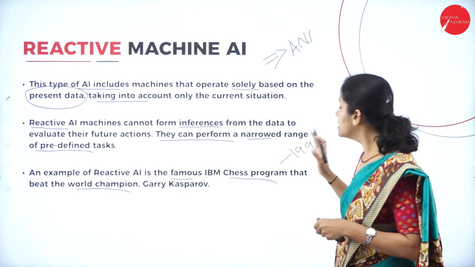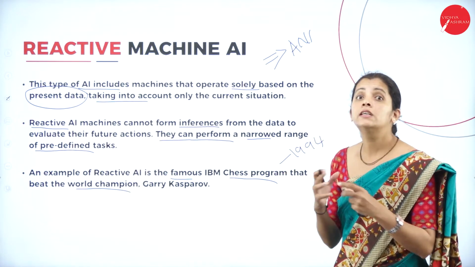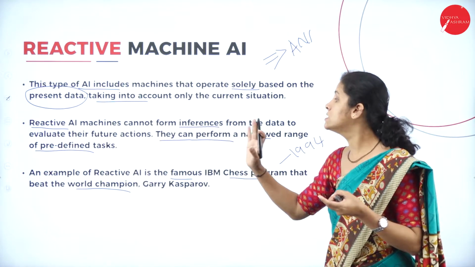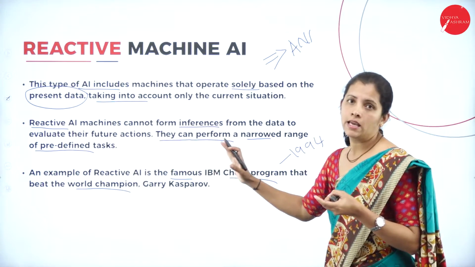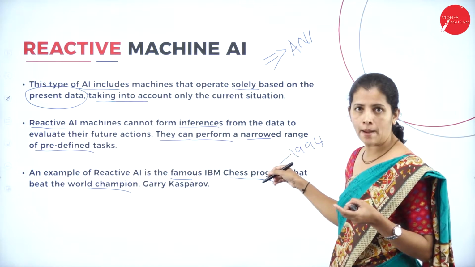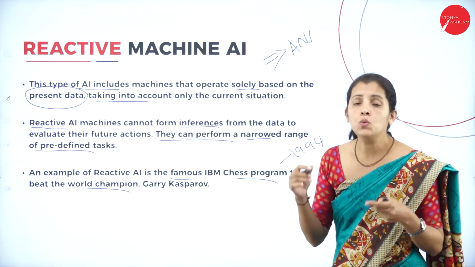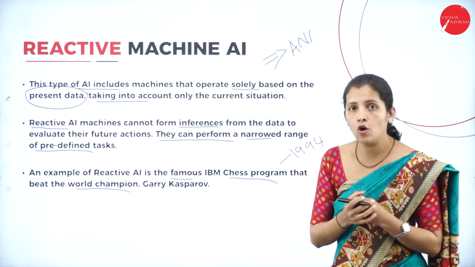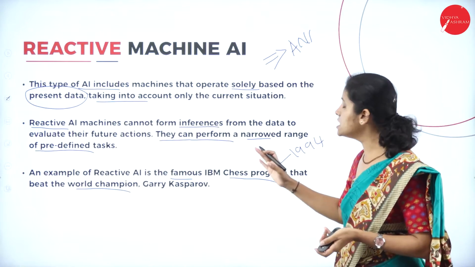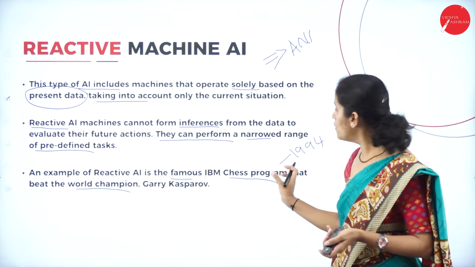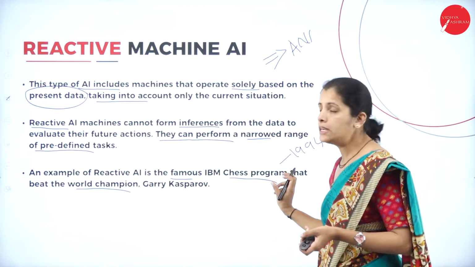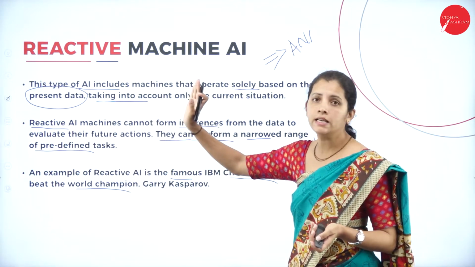In the year 1994, there was a direct competition between the world chess champion Gary Kasparov and the IBM chess program. Now tell me, who won the chess competition? That is none other than the IBM chess program. Now, the IBM chess program mainly depends on the present data.